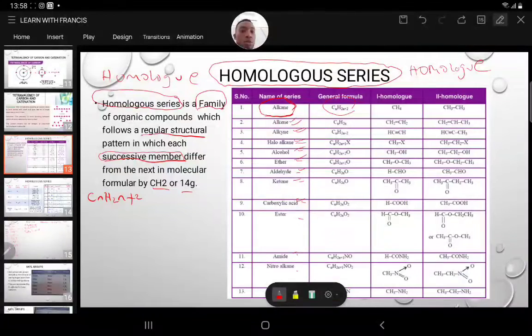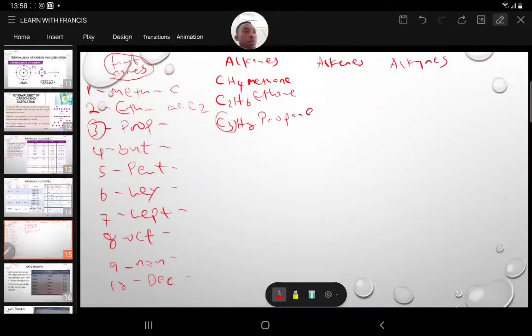CnH2n plus 2. How do I use this? Where n is equal to the number of carbon.